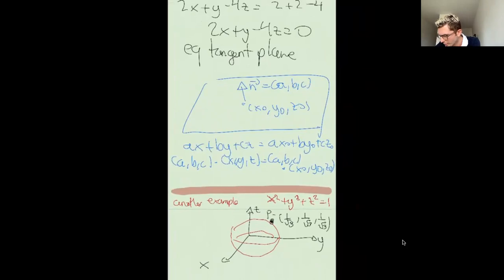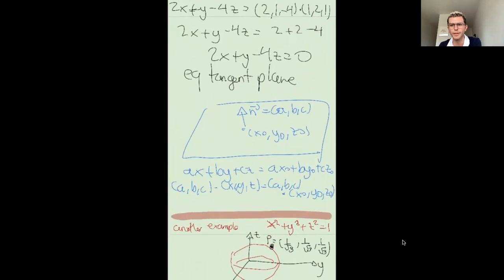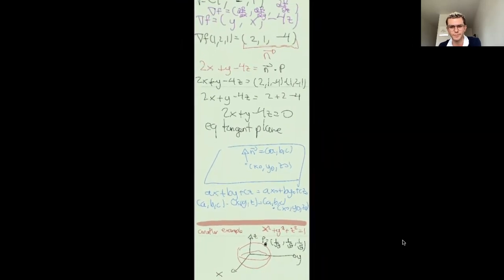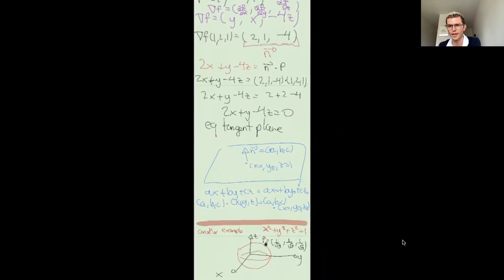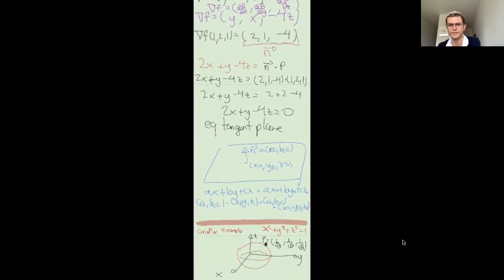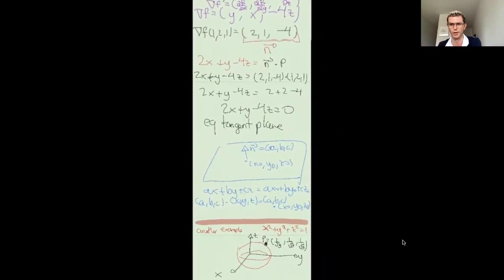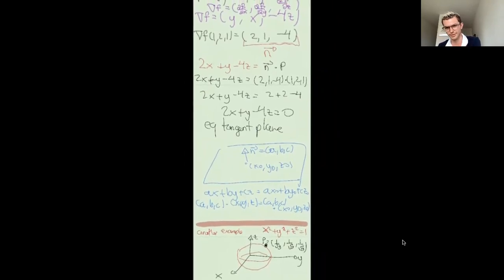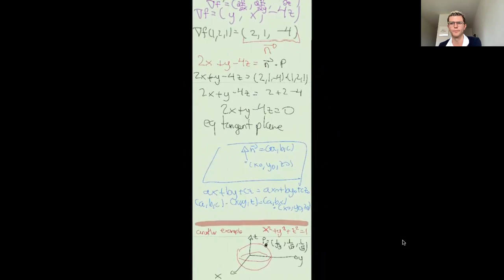So this is my point P. Is that okay? It belongs to the sphere because if you plug it in, it satisfies x squared plus y squared plus z squared equals 1, right? And so I'm just saying let's try to find the tangent plane to it. Is that okay?